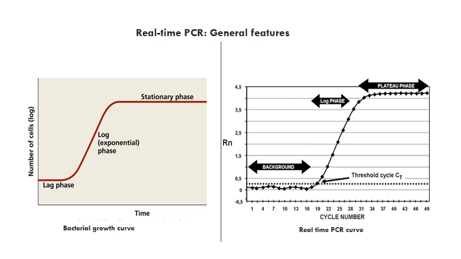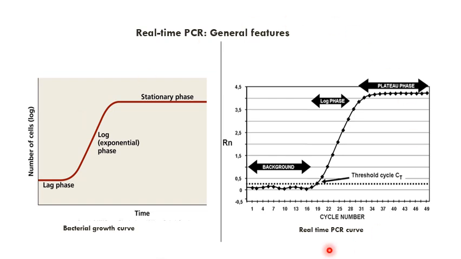If we look at the real-time PCR, we can compare it to the bacterial growth curve. If you know the bacterial growth curve, you start with a lag phase when it's constant, then suddenly it goes to the exponential phase, and finally it will reach the stationary phase according to the number of cells or the growth of the bacteria.